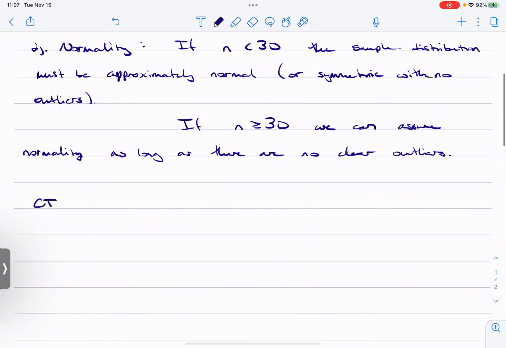A confidence interval for the one sample mean, what we landed on was x bar plus minus t star with n minus 1 degrees of freedom times s over root n.